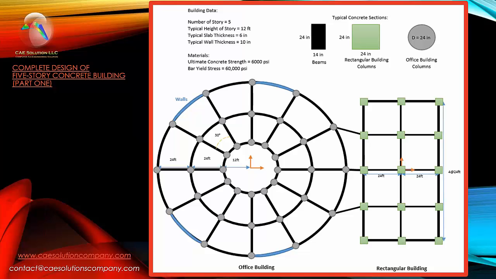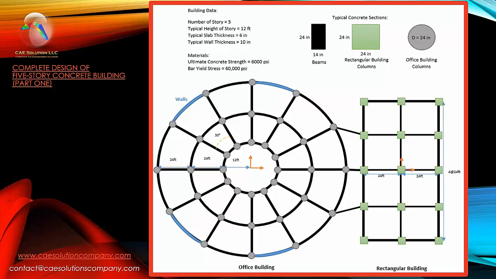Today's model would consist of two buildings: a building called the office building, of circular shape, and a rectangular building, with an overpass connecting the two buildings. This view graph shows that we would have a 5-story building with a typical height of each story of about 12 feet.